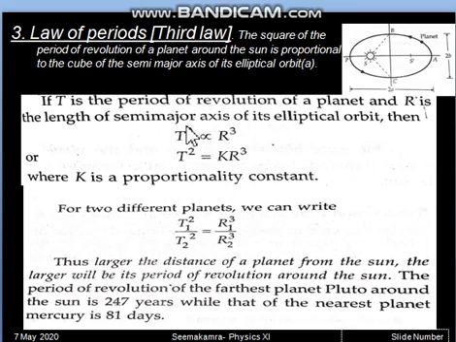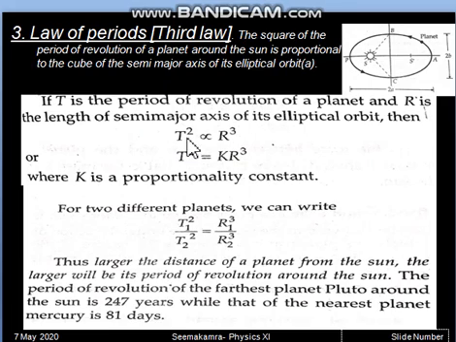Now how is this formula useful? In this chapter we will get an idea about finding the missing term with respect to two planets with the help of this formula. If we take two different planets, suppose the first planet is named 1 and the second planet is named 2, then for the first planet, T1 square is proportional to r1 cube, and T2 square is proportional to r2 cube.